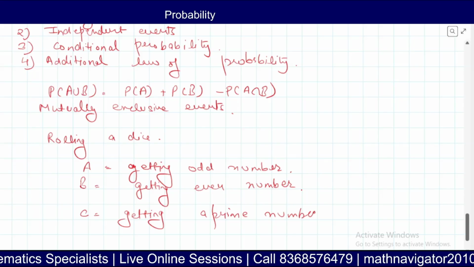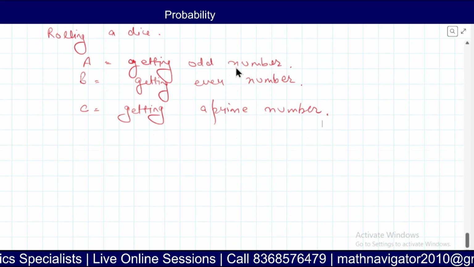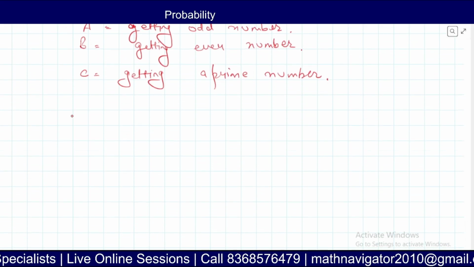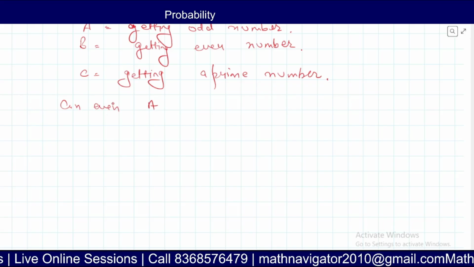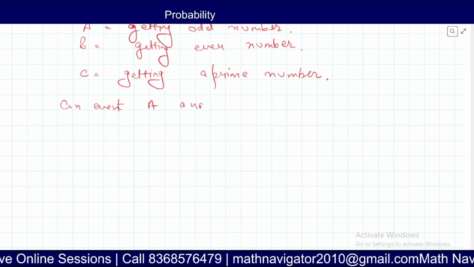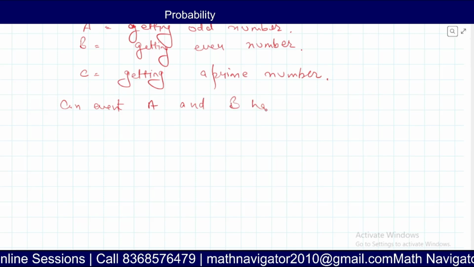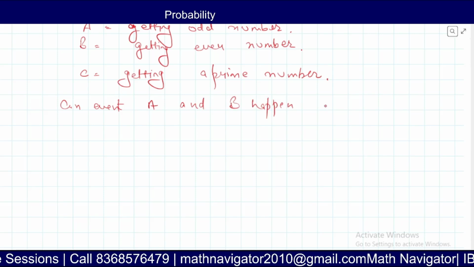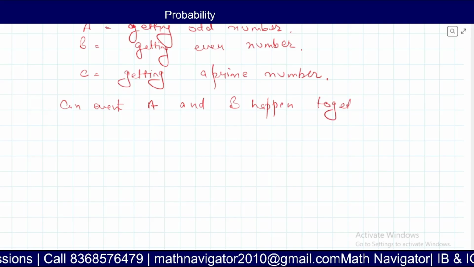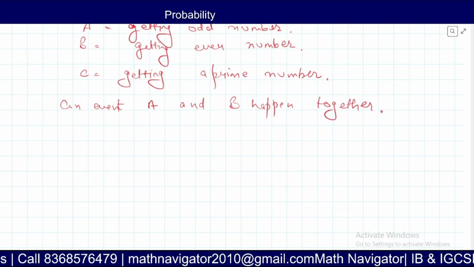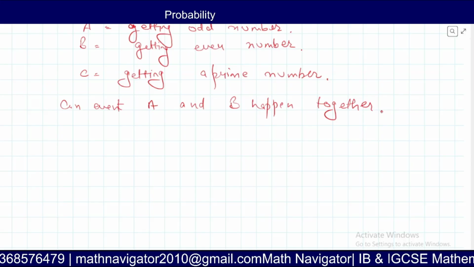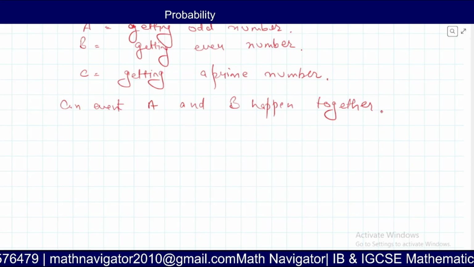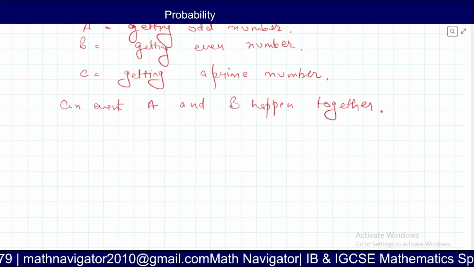So first let's talk about event A and B. Can event A and B happen together? What I'm trying to ask is, if I roll a dice, can an odd and even number come together? No, it's not possible. Either it will be an even number or an odd number.